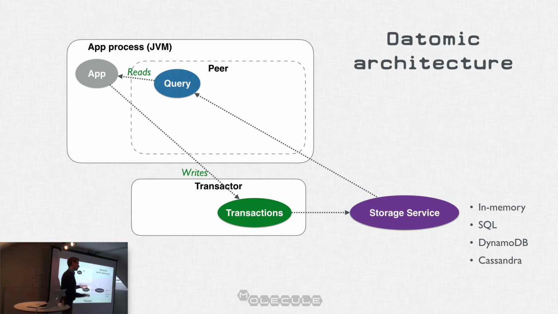So they're separating different parts of the system to make the different parts more optimized and more efficient. Because then the query only needs to handle immutable data. It doesn't have to take care of any transactions or maintaining consistency and everything. That's only the job of the transactor.